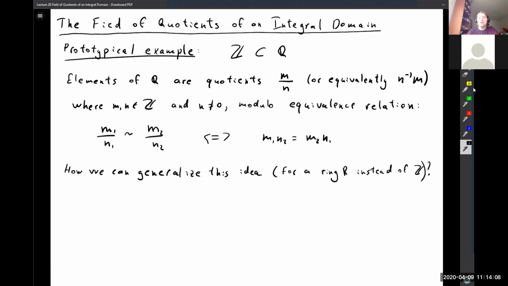And before we explain how the generalization works, let's talk about prerequisites. So what do we actually need from the ring R so that this construction has a chance to work?